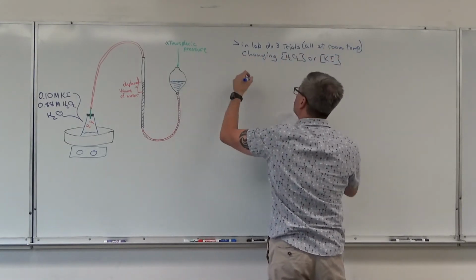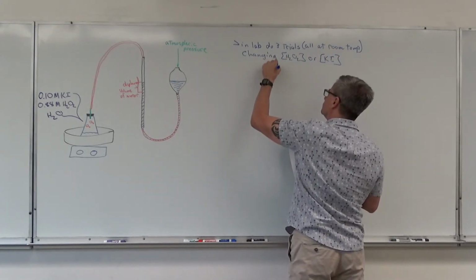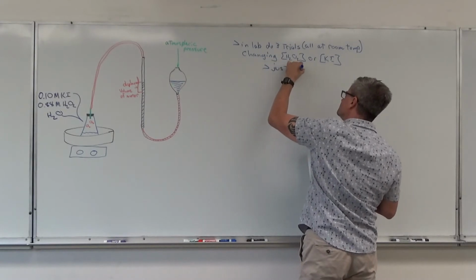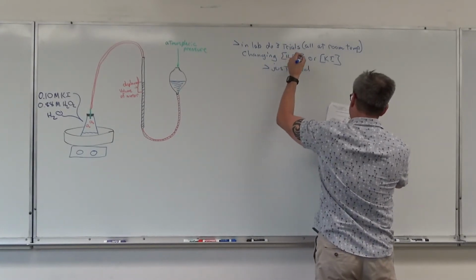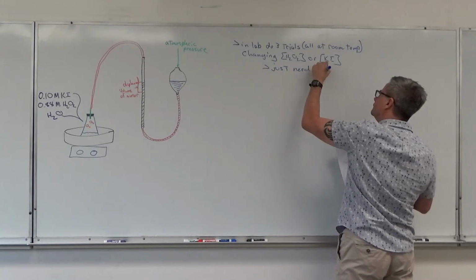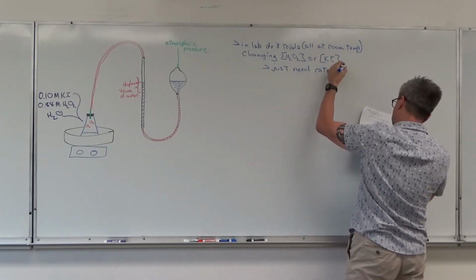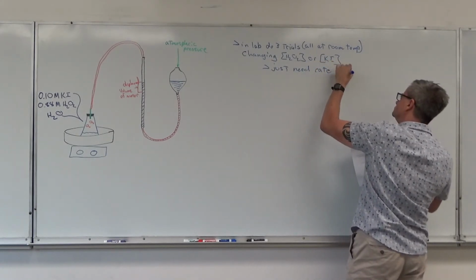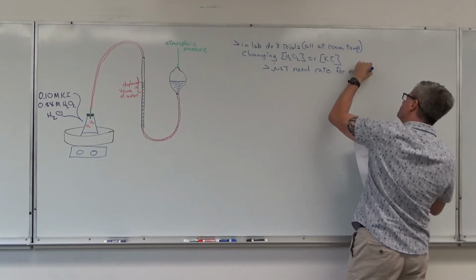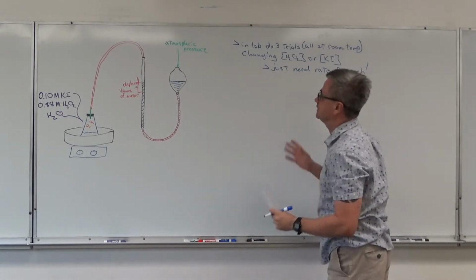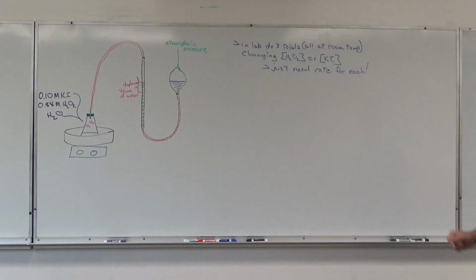We just need the rate for each trial, just like we did in experiment 1.